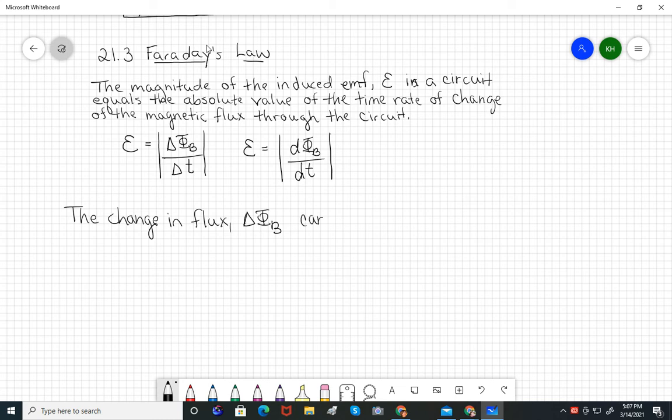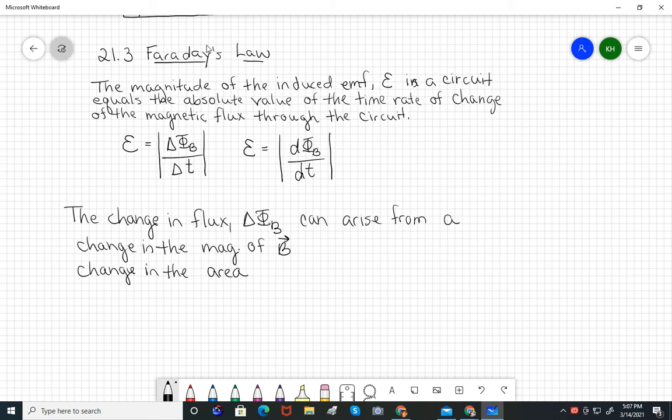It can arise from a change in the magnitude of the magnetic field. In other words, B can be increasing or decreasing. It can be due to a change in the area.